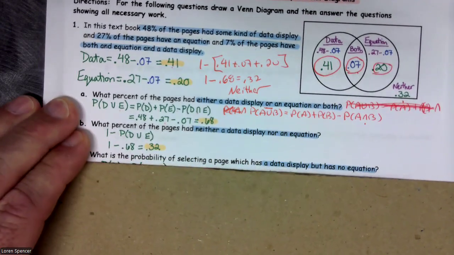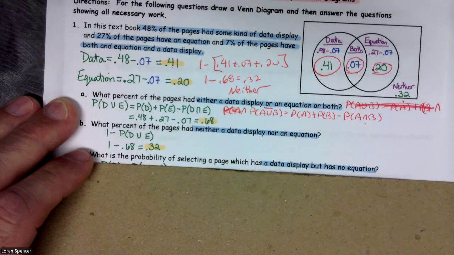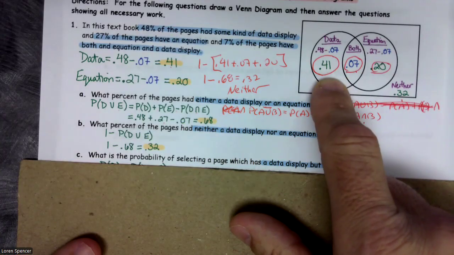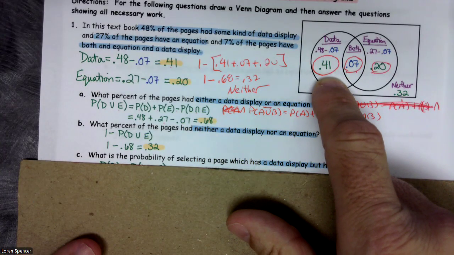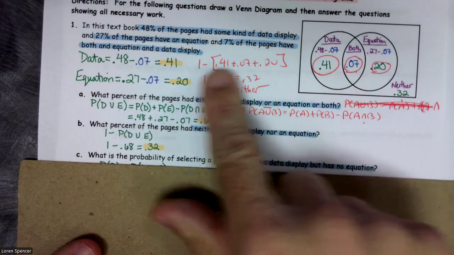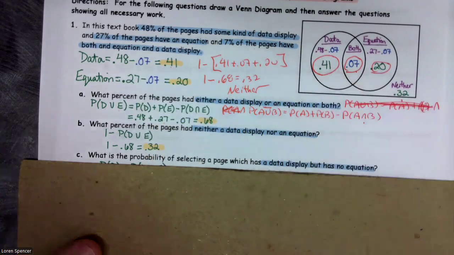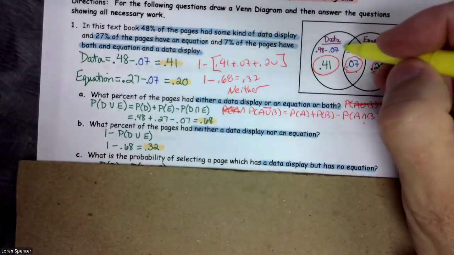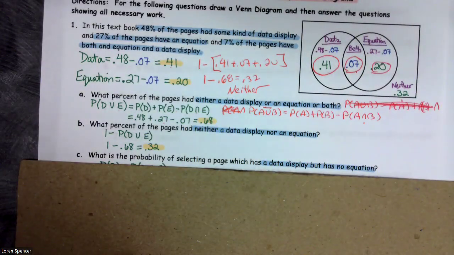Next, what is the probability of selecting a page which has a data display but has no equation? Well, when I look at it, data display is 0.48, but the part that has no equation, I guess I really should be using green.